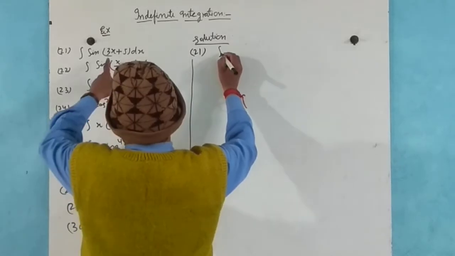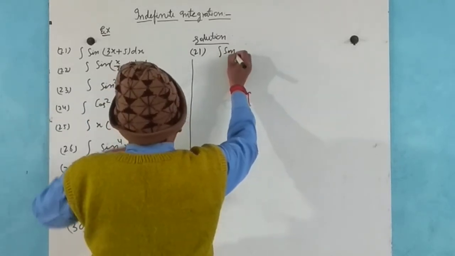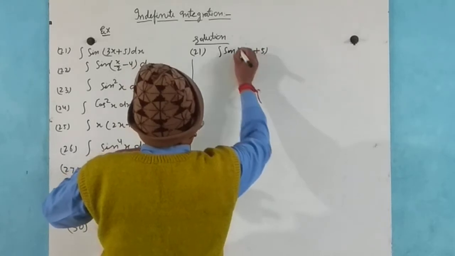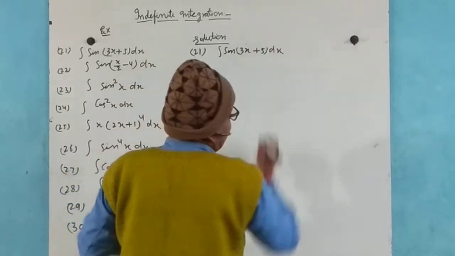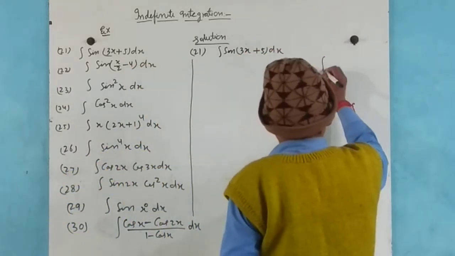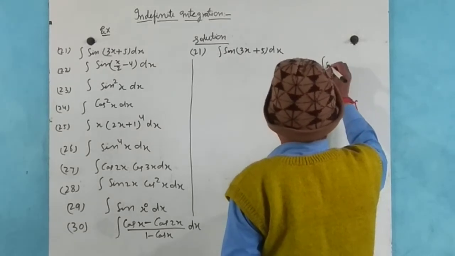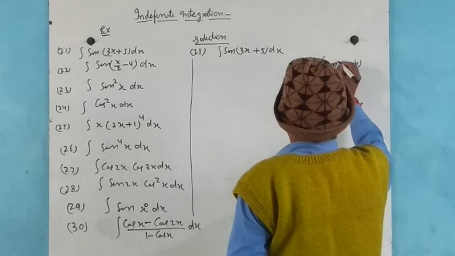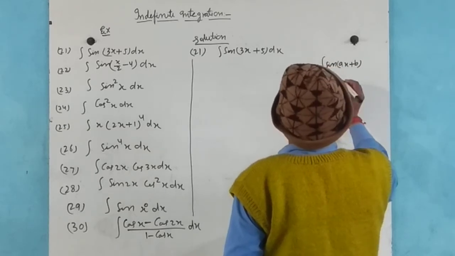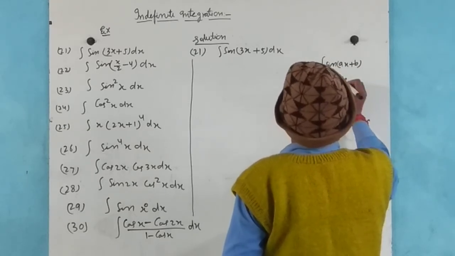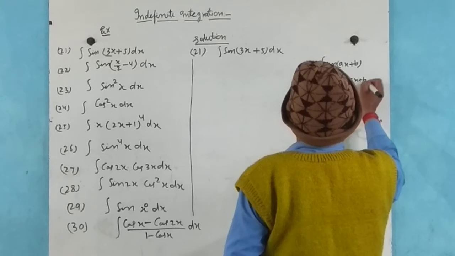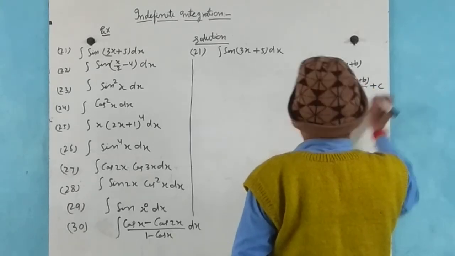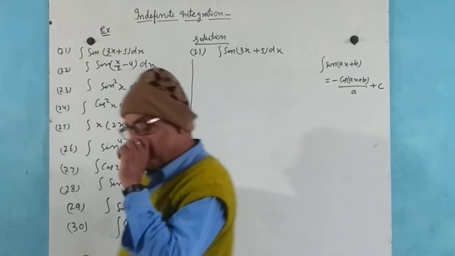Integration of sin(3x plus 5) dx. As we know, integration of sin(ax plus b) equals minus cos(ax plus b) divided by a, plus c. This is the formula.